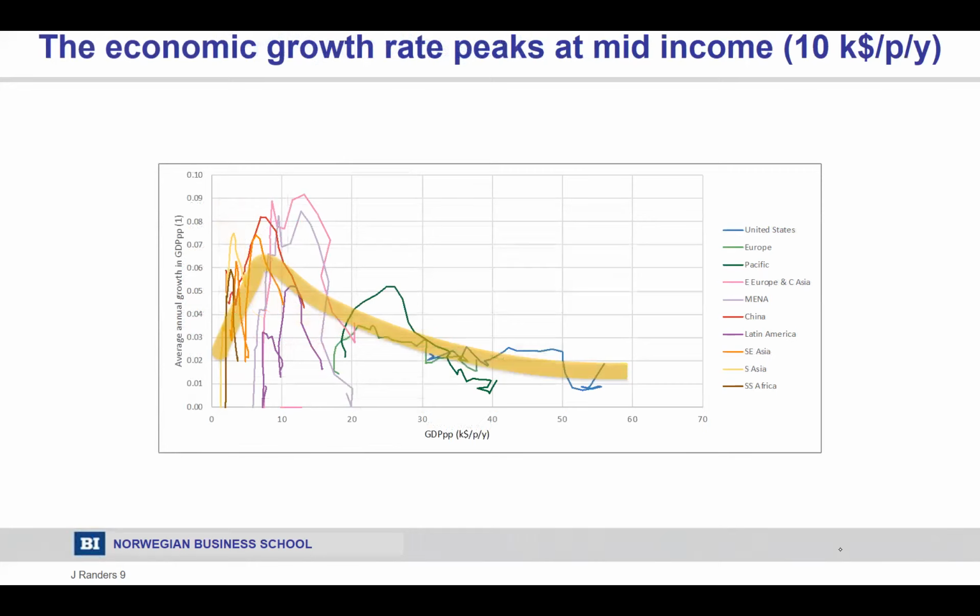So here you have the economic growth rate, which illustrates the fact that when you're poor, the growth rate is very low. Then while you industrialize, the growth rate is very high, and then it declines as you get richer and richer, and actually gets very close to zero in the end.